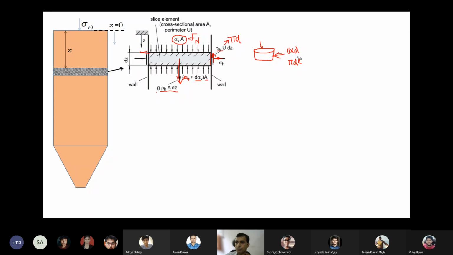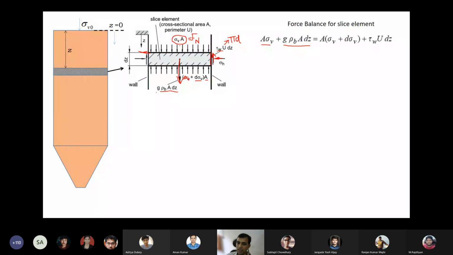So if I write the force balance, I get this expression. At z, A into sigma V plus gravitational force. In the downward direction, two forces act: the top normal force and the gravitational force.